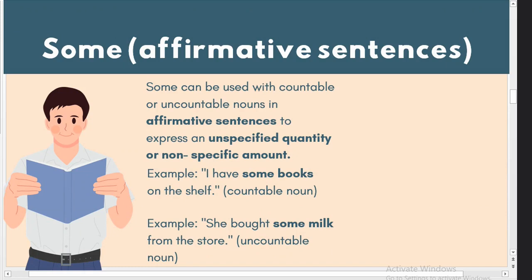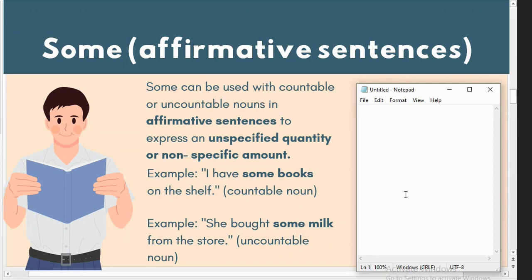Some, in affirmative sentences. Some can be used with countable or uncountable nouns in affirmative sentences to express an unspecified quantity or non-specific amount. If we do not have an exact number, we can use some. I have some books, some apples. I have some things which we can count. For example, I have some books on the shelf.